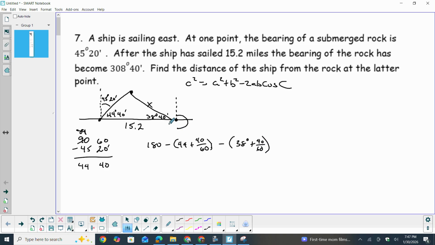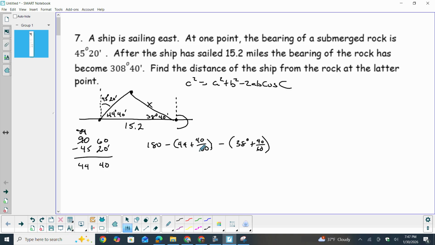We're converting the 40 minutes into the decimal equivalent. We have 40/60ths because there's 60 minutes in a degree. This is how we would do it every time if you want to use your calculator.